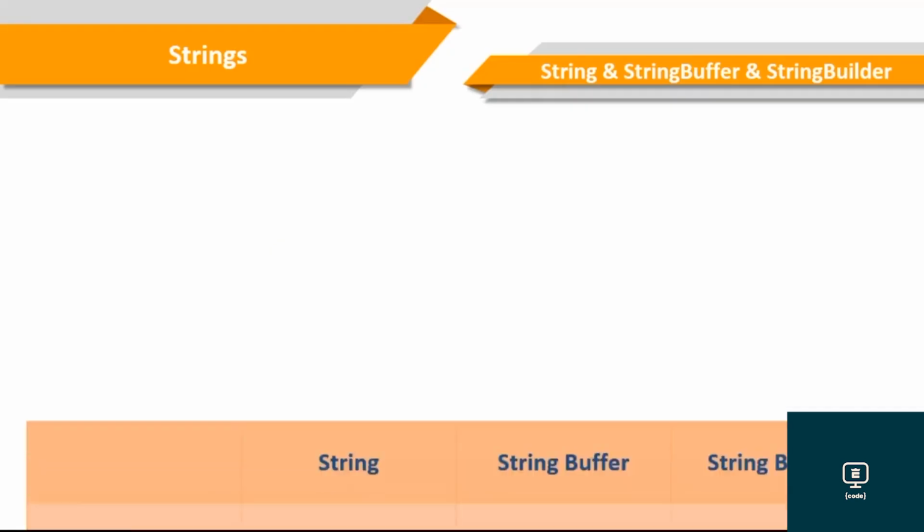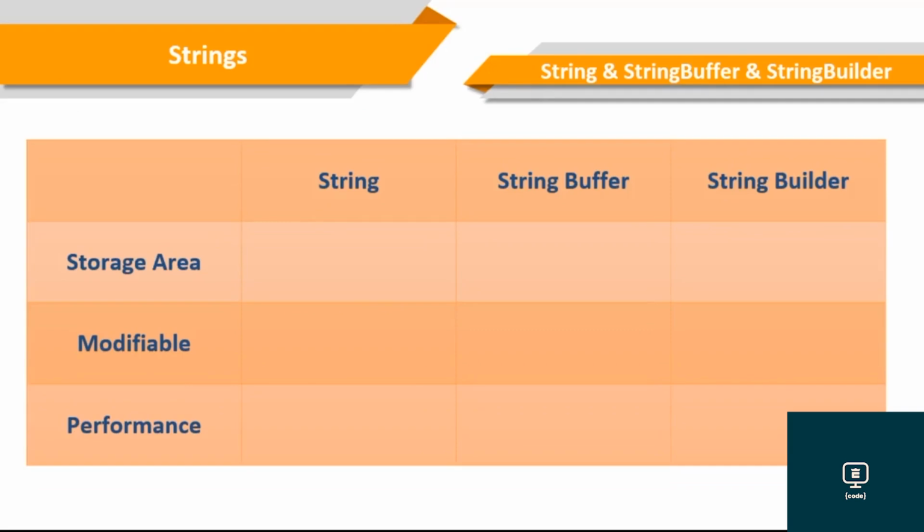So let's have a look at the differences between string, string buffer, and string builder. The string object is stored in the string pool, but string buffer and string builder objects are stored in heap.